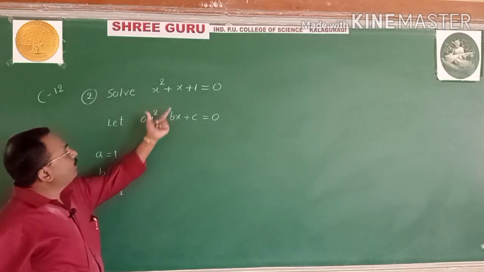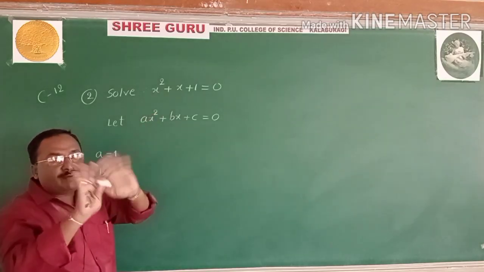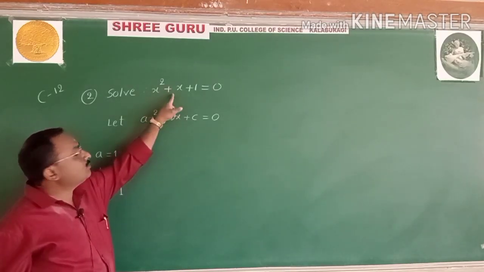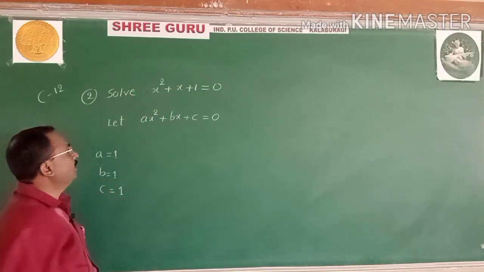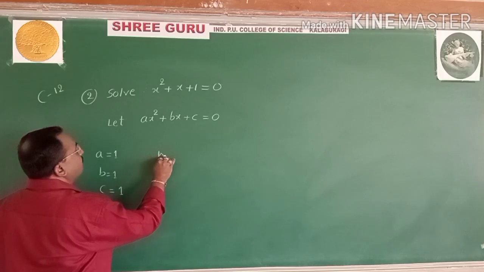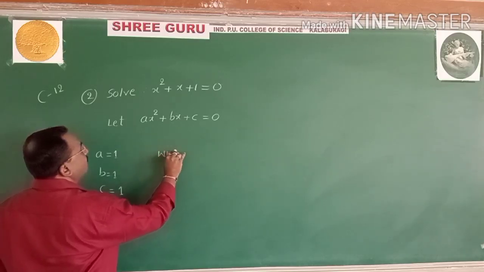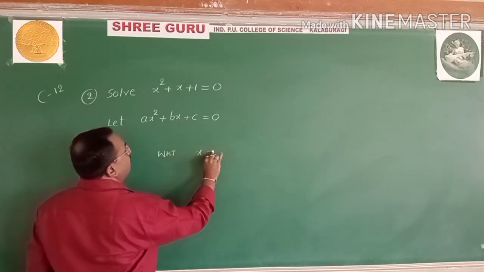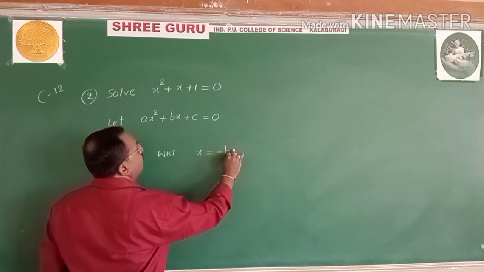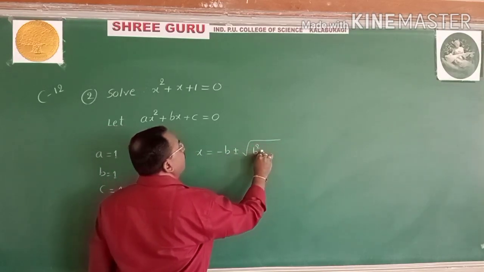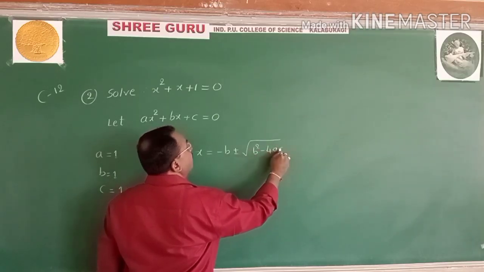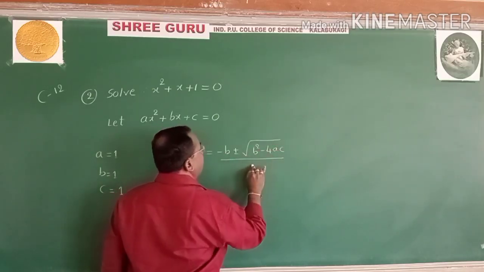This is a non-factorizable form. If there are no factors, we solve by using the formula only. We know that the formula is x is equal to minus b plus or minus square root of b square minus 4ac divided by 2a.